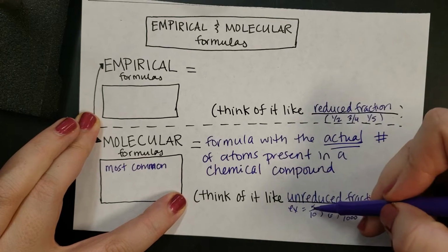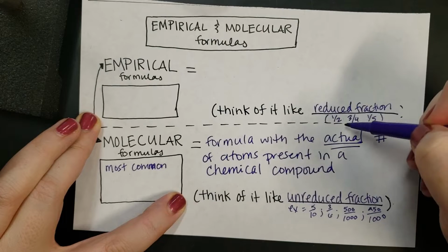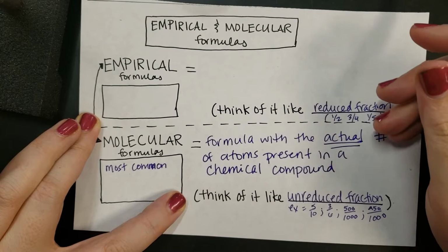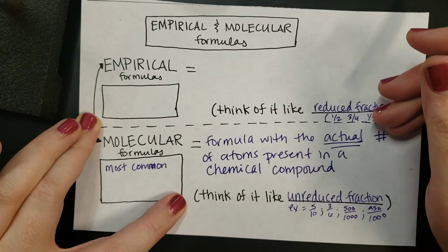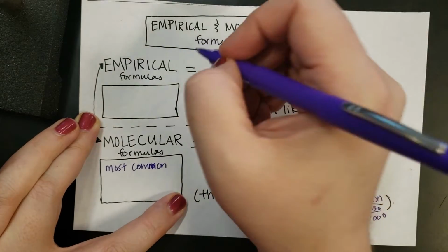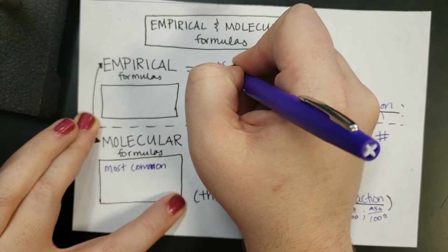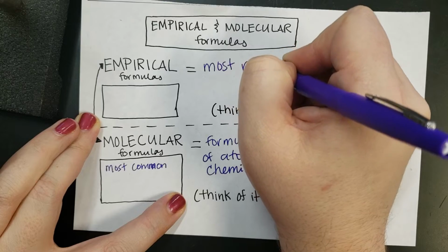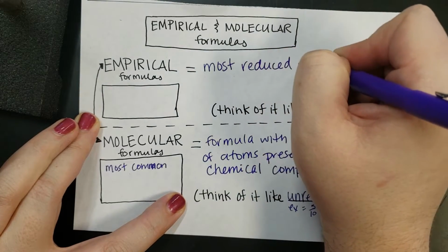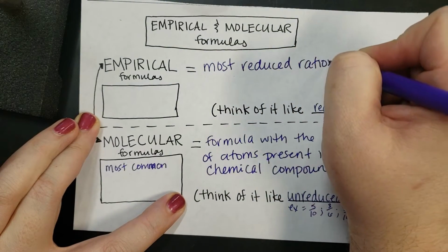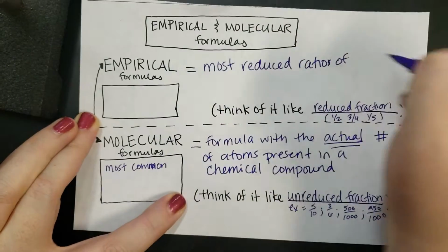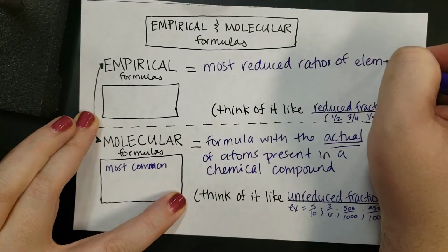The 5/10 would be the molecular formula, and the 1/2 would be the empirical formula. This formula is the most reduced ratio of elements in a chemical compound.